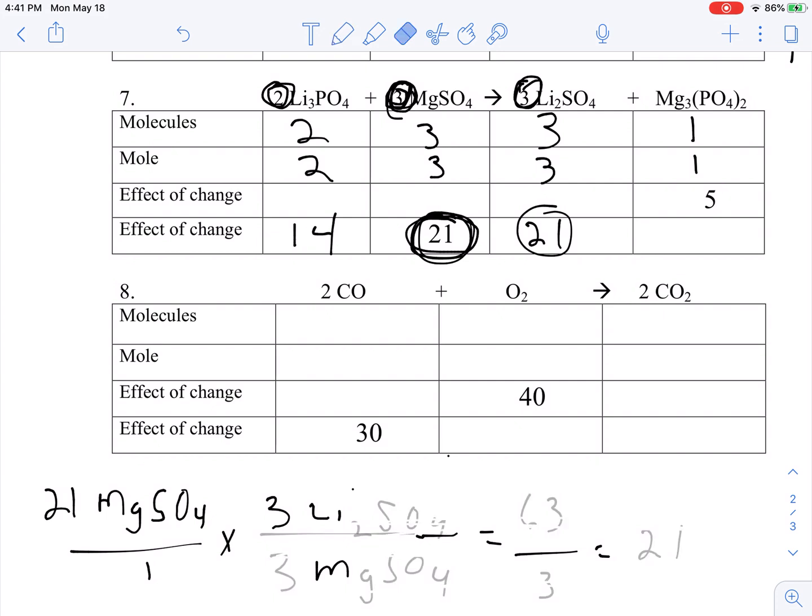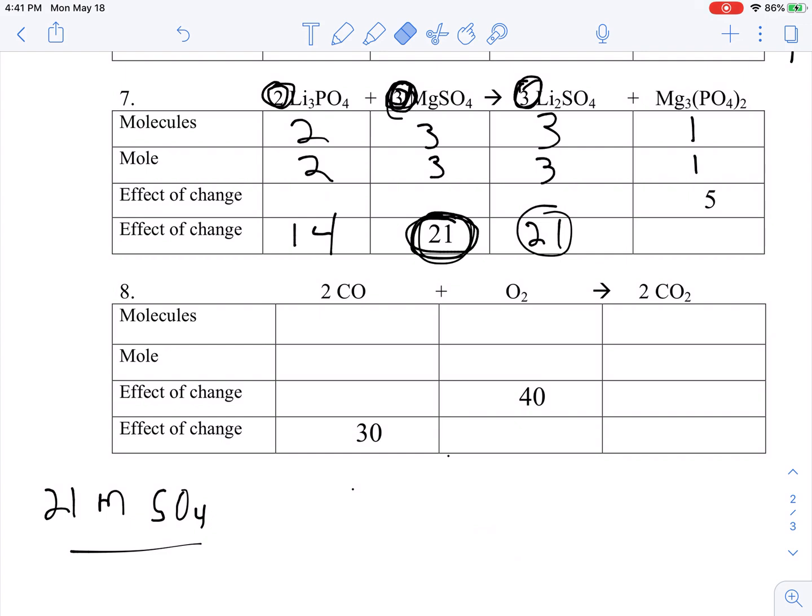And let's do one more here. Sorry, I didn't mean to erase that. MgSO4, so if we start out with 21 now of magnesium sulfate, and this is an understood one here, right? It's not written, so we know it's understood one.